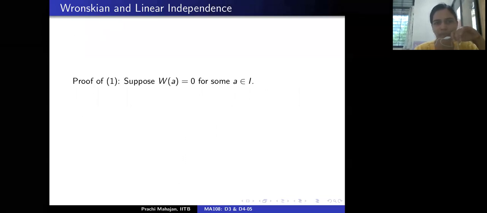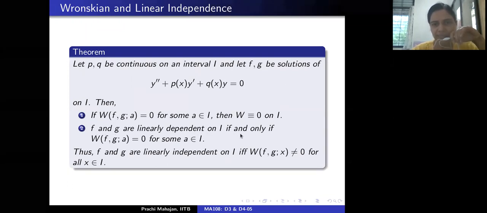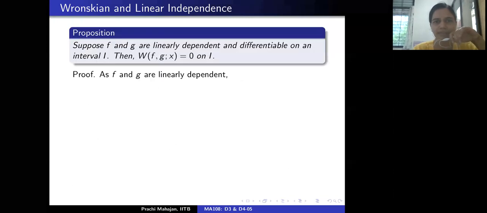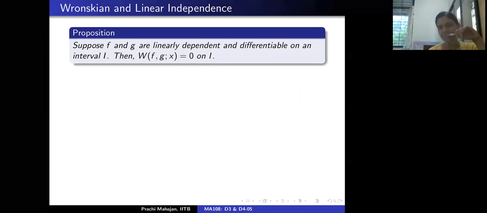For part 2, we just discussed that one part is done. Which part is done? That if f and g are linearly dependent, then the Wronskian is 0 at some point. If f and g are linearly dependent, then the Wronskian is in fact identically 0, so this part is done.